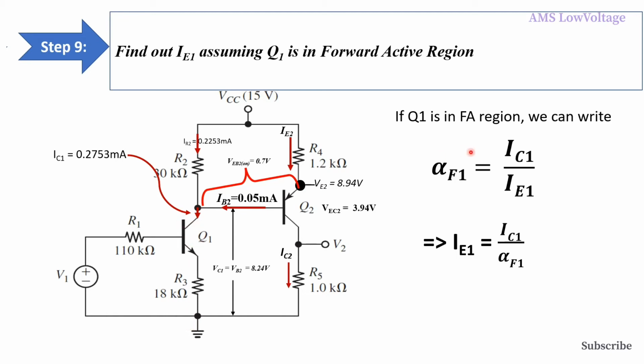If the transistor is in forward active region, its alpha equals its collector current divided by its emitter current. So from this equation we can find IE1 equal to IC1 divided by alpha F1.